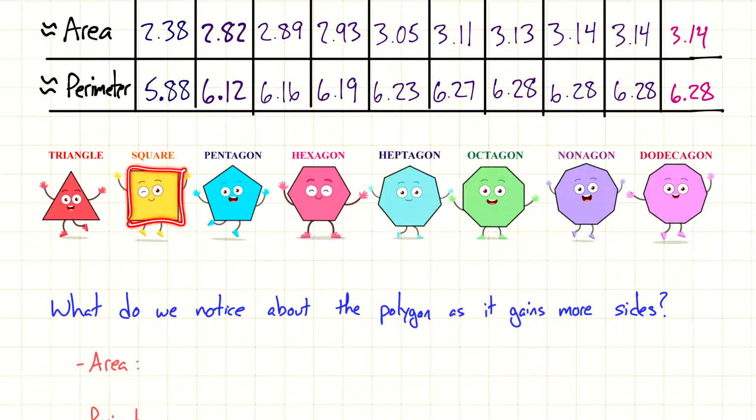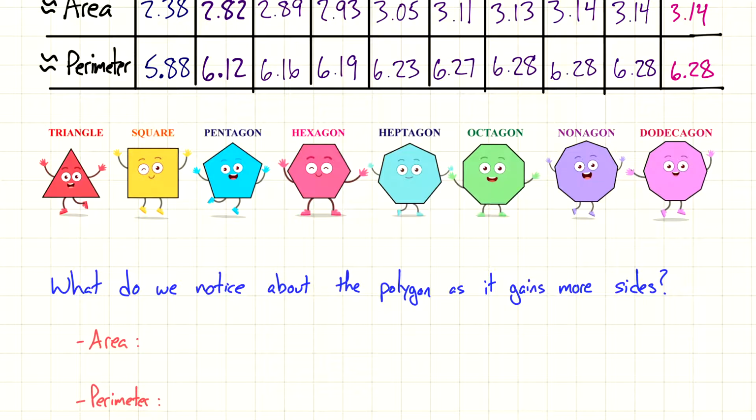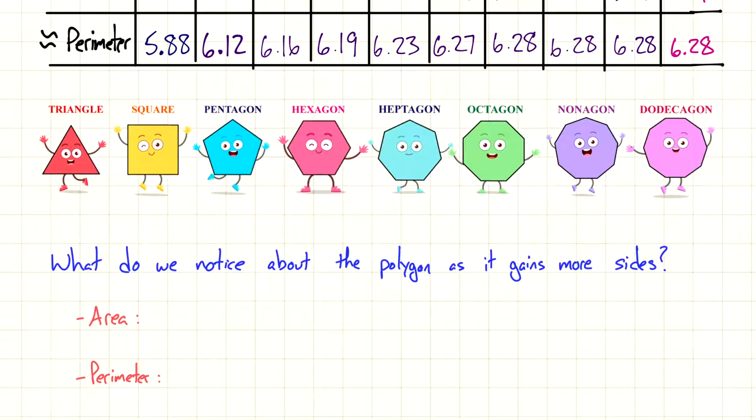Even a square sometimes. As soon as we start to add, we're at 5, 6, 7, 8, 9, this shape starts to change and starts to resemble what? What is a shape with 100 sides going to look like? I think some of us have already seen that. And what is it going to look like if it has 1,000,000 sides?